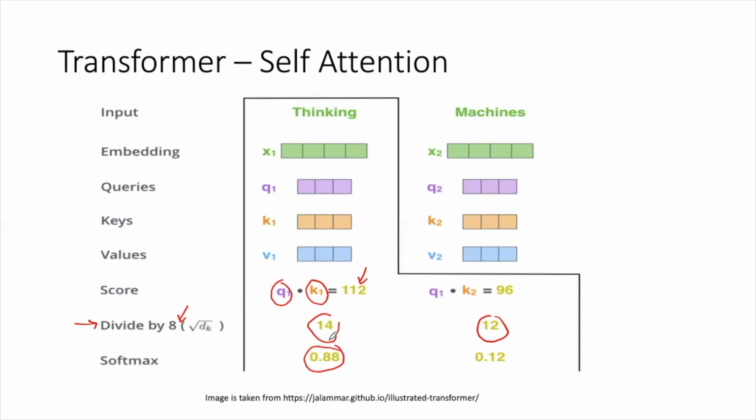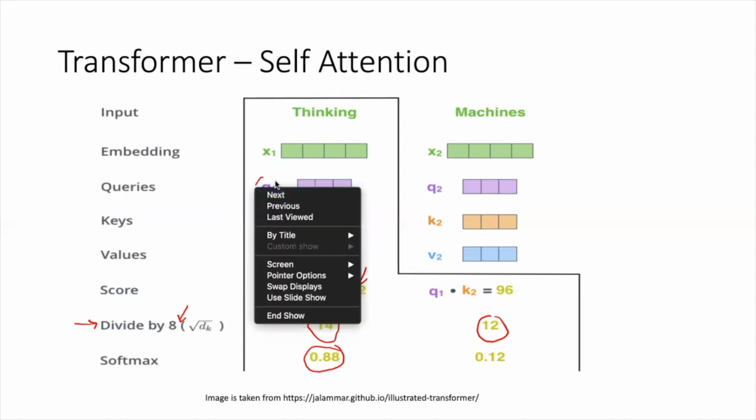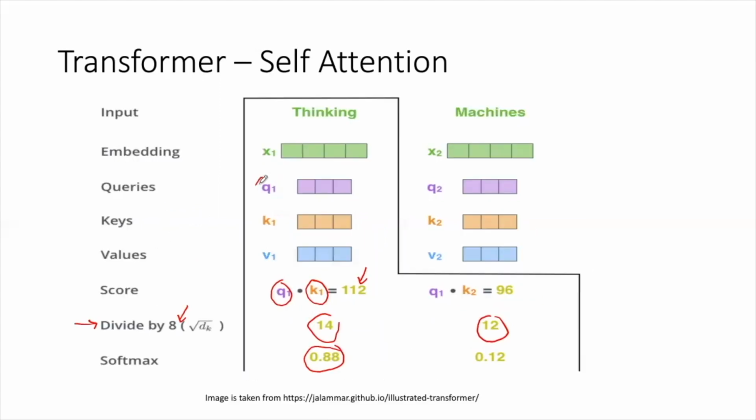So once we compute these similarity scores for this query Q1 with respect to all keys, we take only one Q1 and find out the relevance of the various keys. Then we normalize it and get these softmax scores.